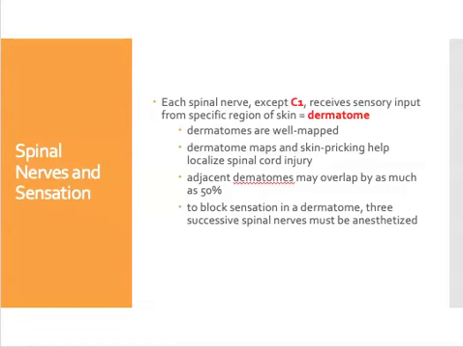If you think about it, it's not difficult to do this. You can prick the skin and you can determine where that sensory information is hitting the cord, which spinal nerve it's traveling in order to get to the central nervous system. So we have created dermatome maps.